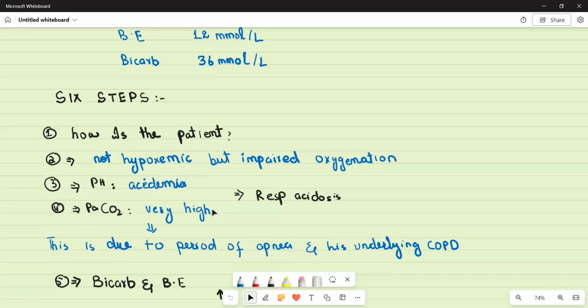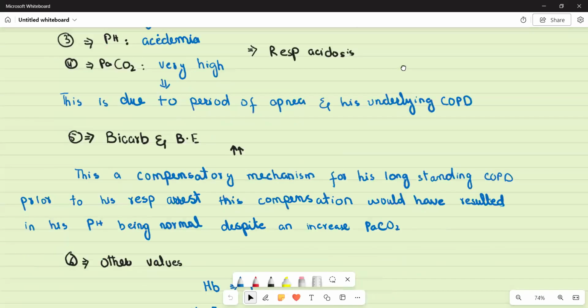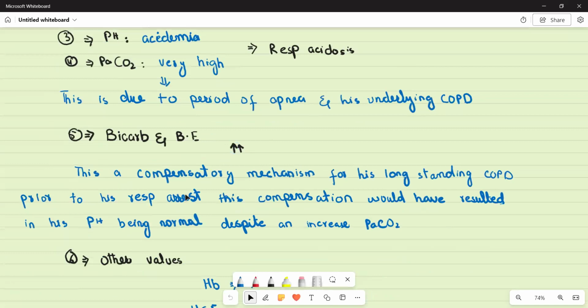So there is a very high level of carbon dioxide in the blood. So this is respiratory acidosis. Regarding bicarb level, it is quite elevated. So this is a compensatory mechanism for his long-standing COPD. Prior to his respiratory arrest, this compensation would have resulted in his pH being normal despite an increased PaCO2. So basically, this patient is a COPD patient, and he has been retaining carbon dioxide for quite some time now.